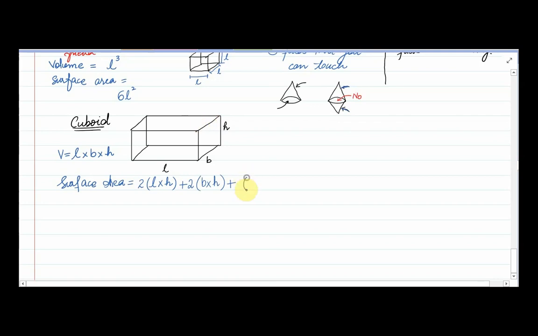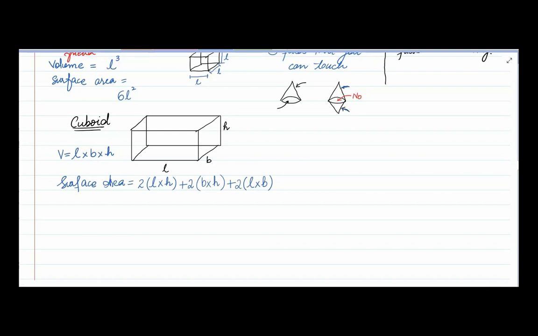So area is L times B, and you need to multiply it by 2 because the top and the bottom rectangles are the same. So that is the working formula of surface area of a cuboid. Make sure that you are writing all the working formulas in your copy.